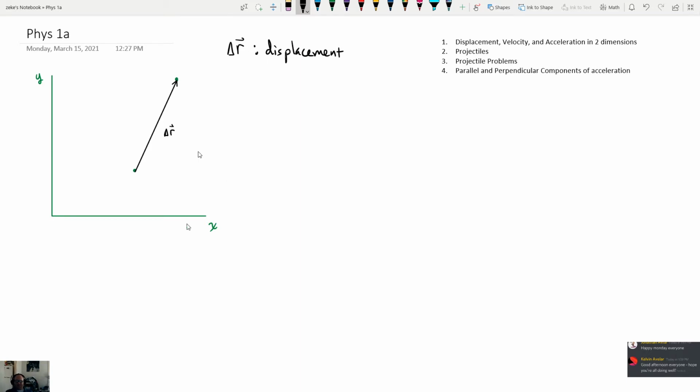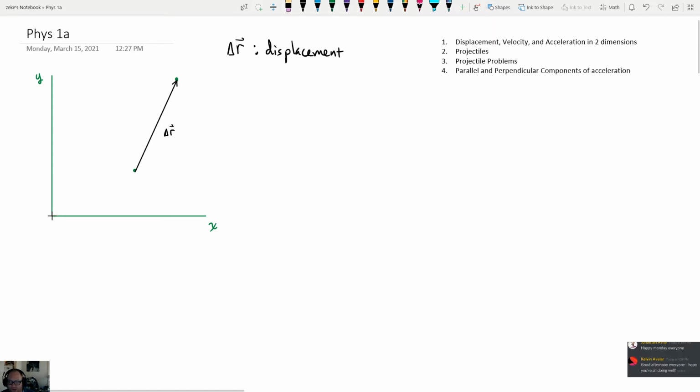We'd also like to define position as well. If we want to define the position of this point right here, we could use the XY coordinates of that point. And if we wanted to represent those XY coordinates as a vector, we could do it like this.